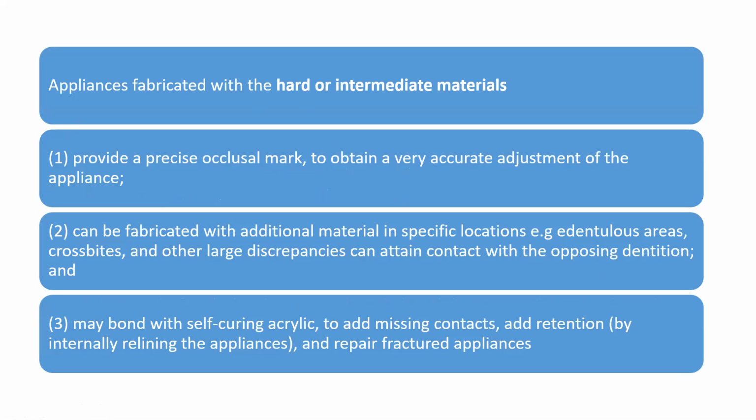Also, when relining of the occlusal splint is sometimes needed, we can easily do it in the case of the hard or the intermediate material, but not when the material is soft. And when there are large discrepancies, we can easily repair them when the appliance is made from the hard or the intermediate material.